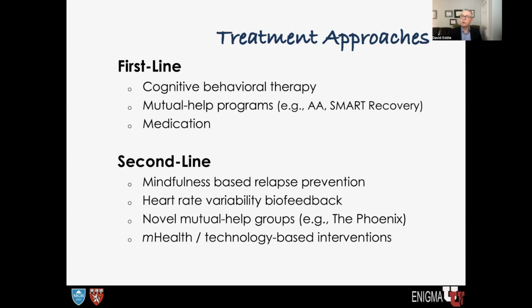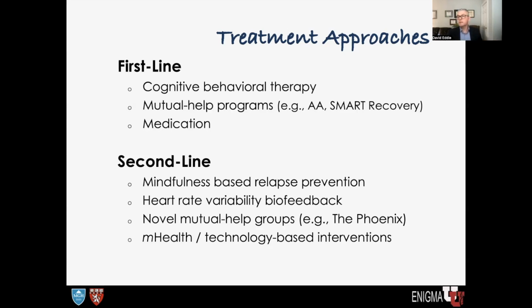Whereas with mutual help programs, the model is get better, but hang around and pay it forward, right? And so people who go to AA are more likely to have ongoing psychosocial support. And so that's why we think folks after the first year of recovery tend to do a little better when they're going to AA versus those who had cognitive behavioral therapy.